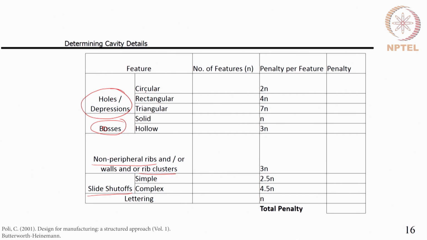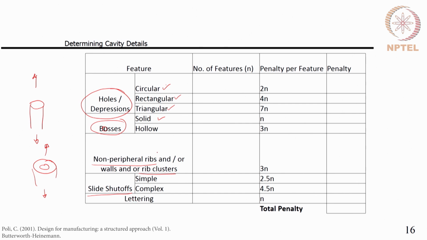If it is a hole, whether the shape is circular or rectangular or triangular, these features have to be noted, and if it is a boss, whether it is a solid or a hollow boss. A solid boss is something like this in the mold opening and closing direction. This is a hollow boss along the mold opening and closing direction. These are the types of holes in the mold opening and closing direction.